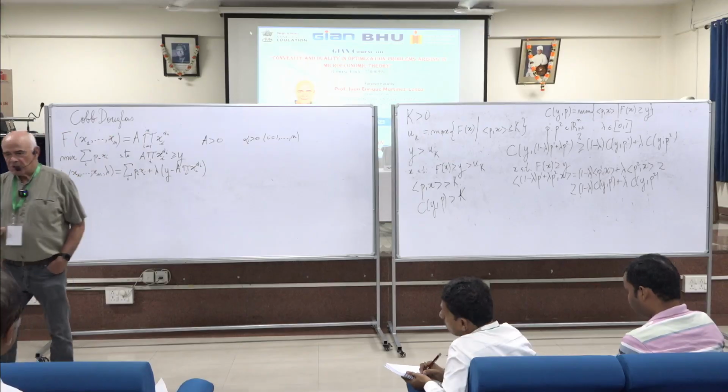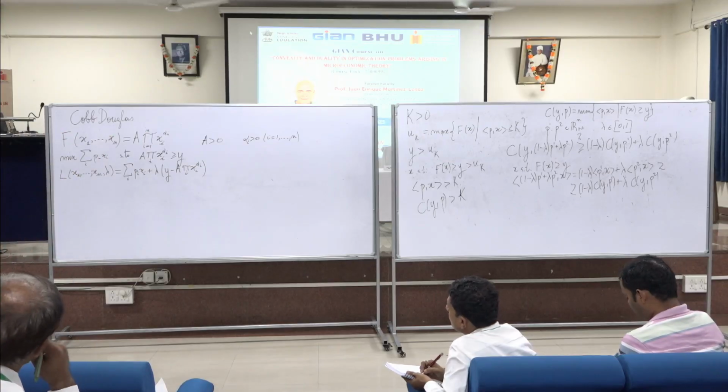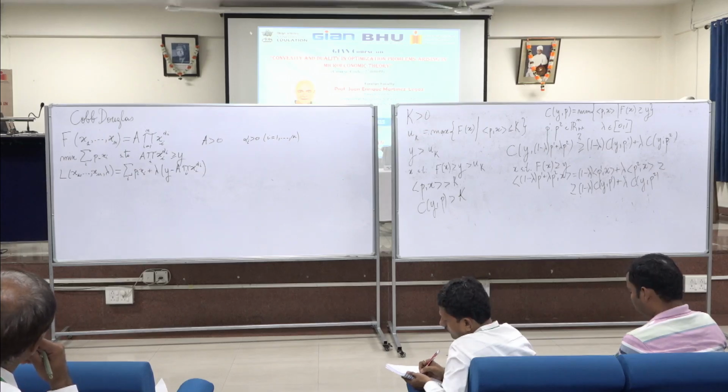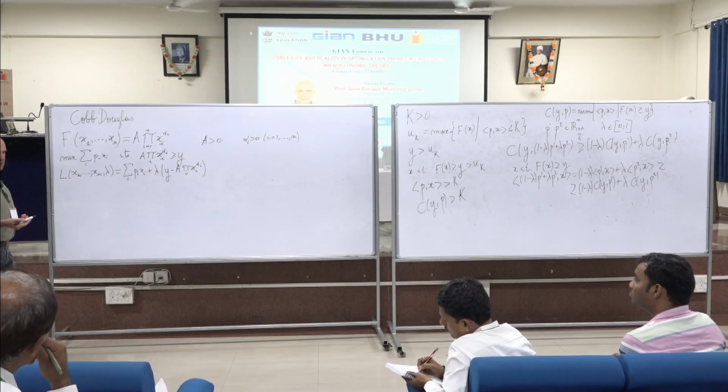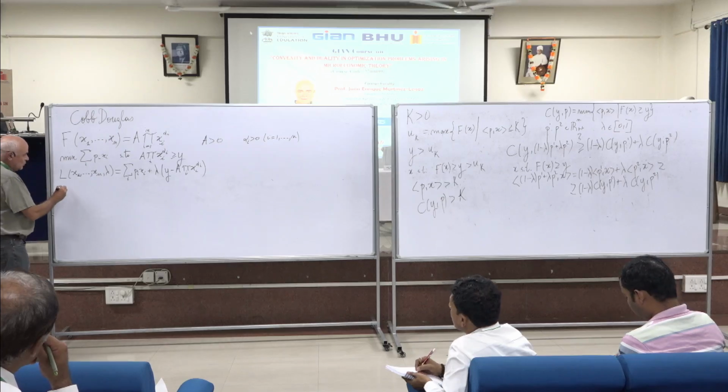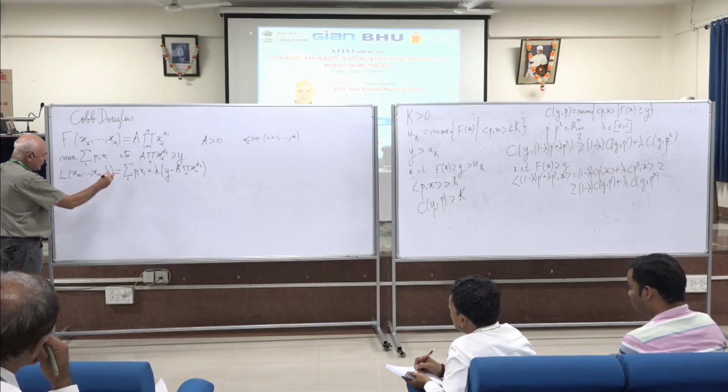Okay, this is the Lagrangian. And the KKT conditions are: gradient with respect to x equals 0, so partial derivatives. I take partial derivatives with respect to xj.